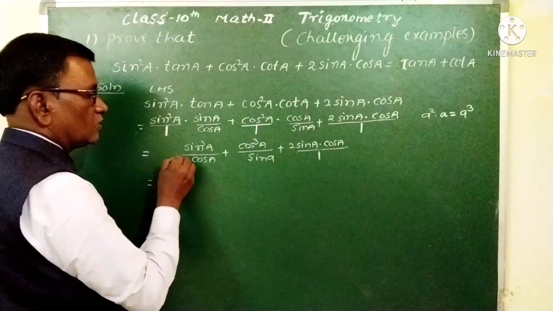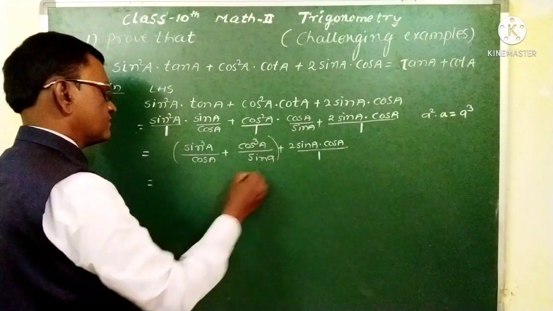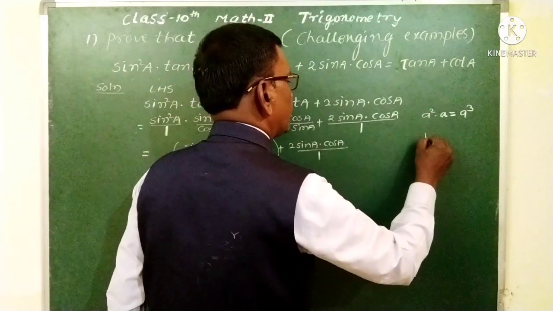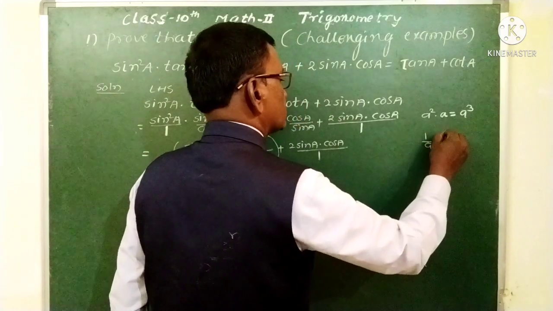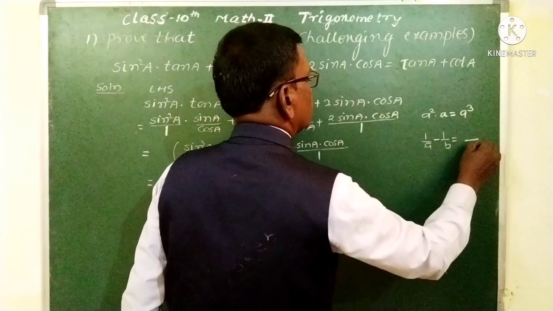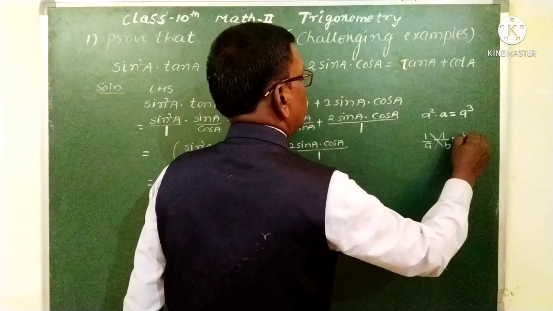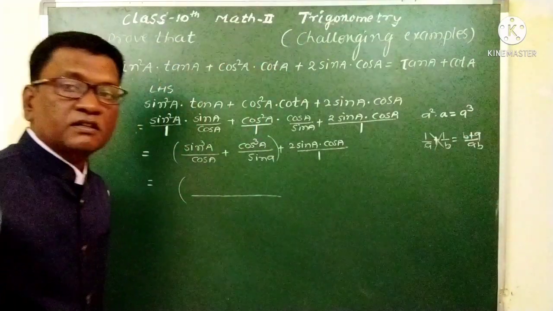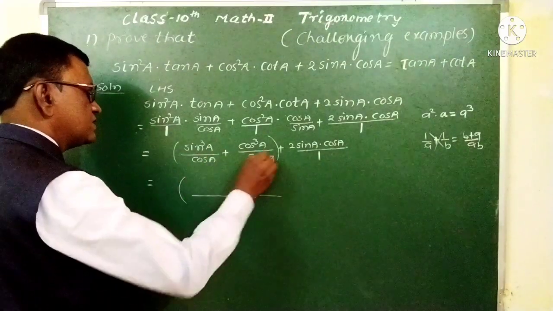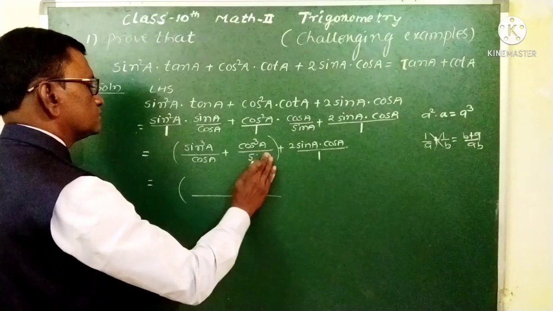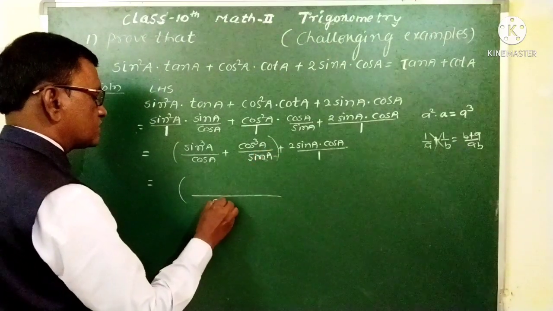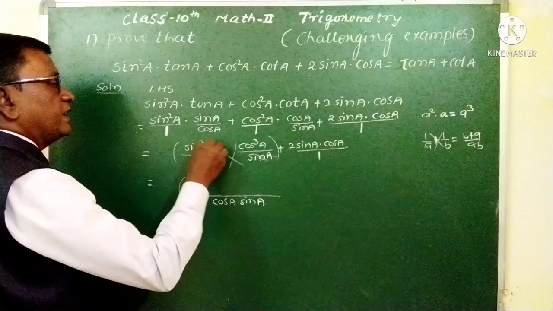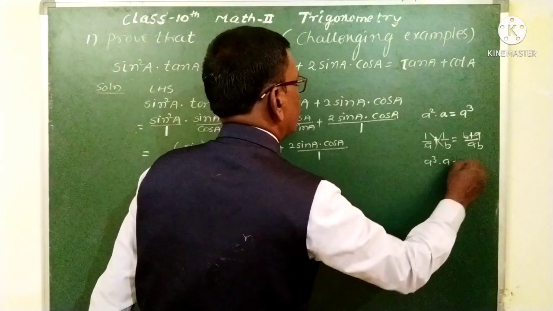Here, solve these two terms first. Here LCM is equal to cos A into sin A, because we know the formula 1 by A minus 1 by B, the LCM is AB, then take cross multiplication, B minus A or B plus A. If here is plus, then here is B plus A. In this way, LCM is cos A into sin A, take cross multiplication, sin cube A into sin A. Again, A cube into A is A4.